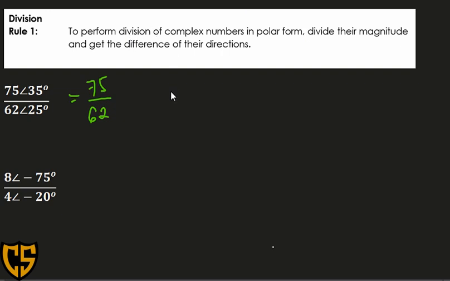Next, get the difference of their direction. So we subtract the angles, 35 minus 25.